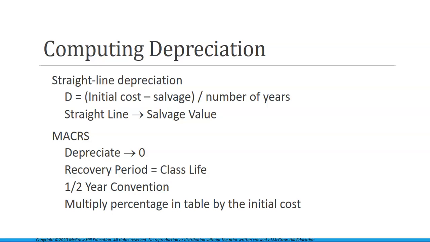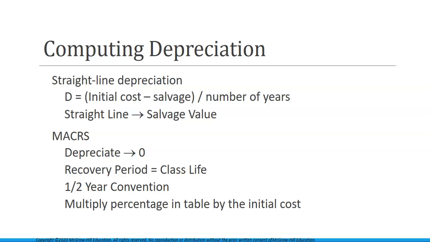Or we can use MACRS, which is the accelerated depreciation schedule provided by the IRS. If we are using the accelerated MACRS tax depreciation, then we depreciate to zero. The useful life or the depreciation period equals the class of our equipment.